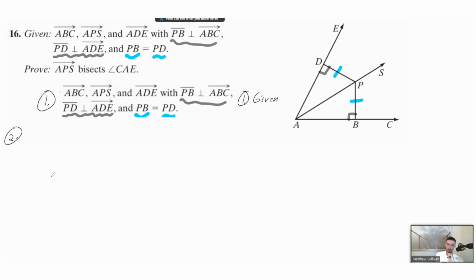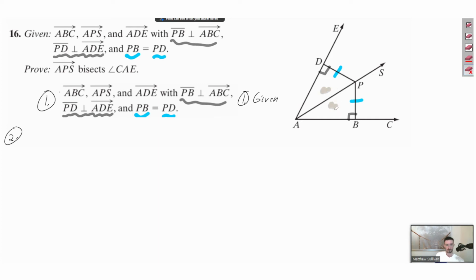Okay. So you want to prove that AP bisects angle CAB. Wouldn't you have to prove that they are triangles first, congruent triangles? Yes, and then you have to prove why they are congruent triangles.